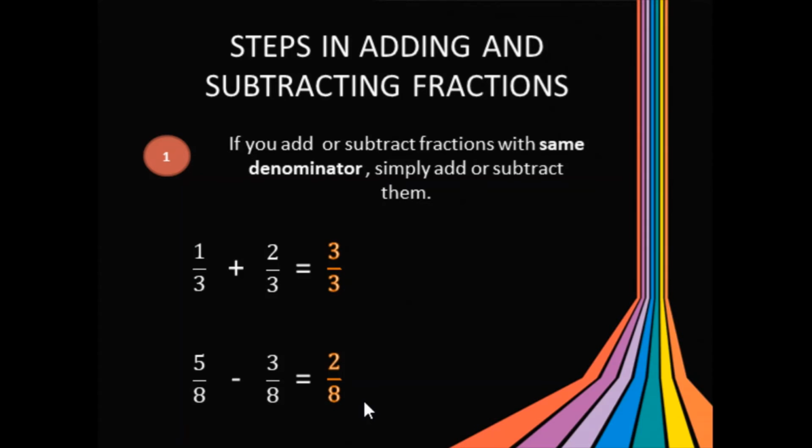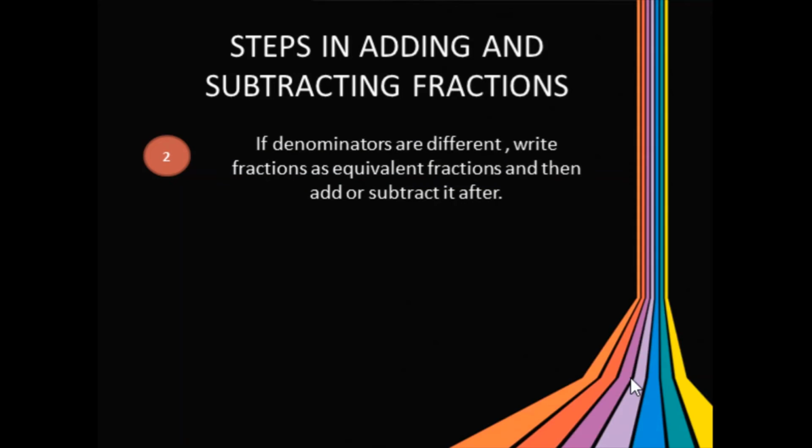That is step 1. No problem if the denominators are the same. You just add or subtract it and then copy the denominator. Again, if you add or subtract fractions with same denominator, simply add or subtract them.